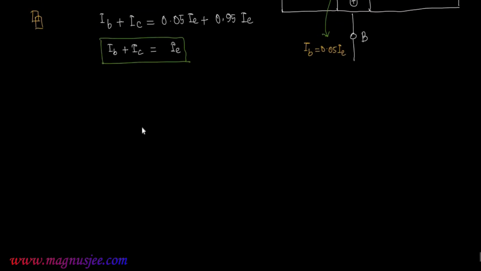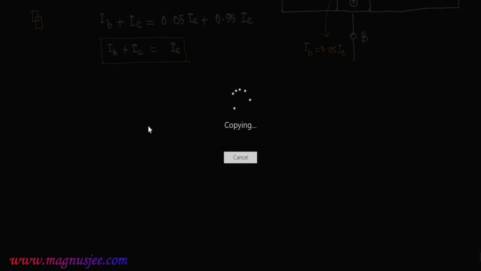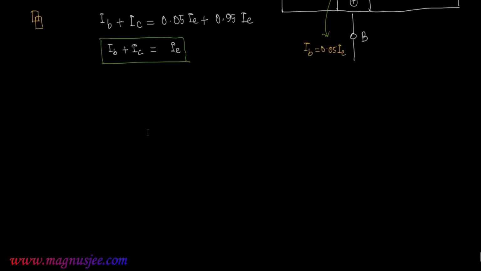Also, additional information: what does the arrow on the emitter indicate?